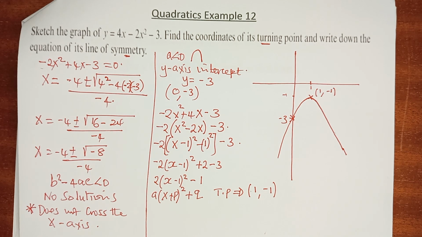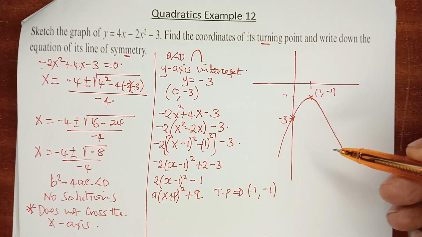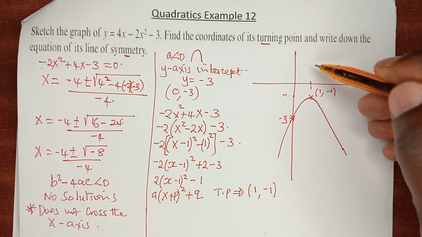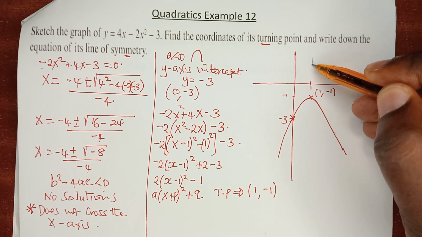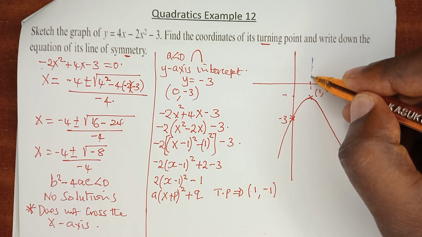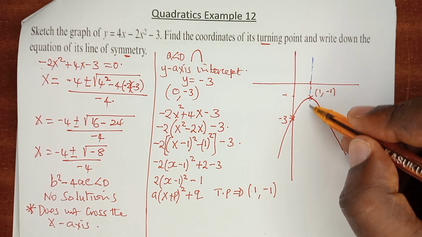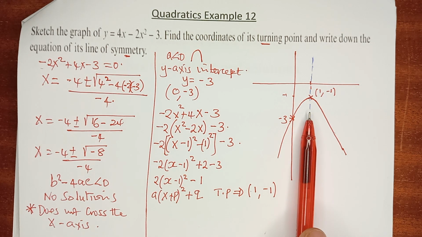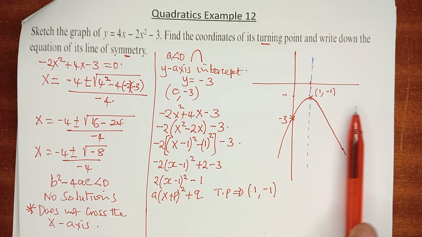Once we have this curve looking like this, the line of symmetry divides the curve into two identical parts, the left hand side and the right hand side.